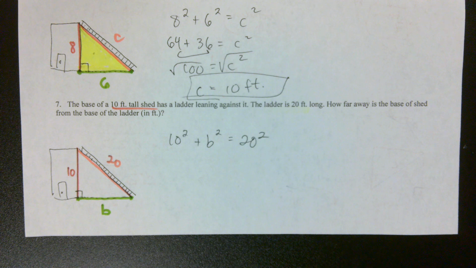So that's going to be your C. Your ladder is always going to be your hypotenuse. What we don't know is how far away the base of the ladder is from the base of the shed. So in number 6, we have a missing hypotenuse. In number 7, we have a missing leg. Again, that changes the way we set up our theorem.